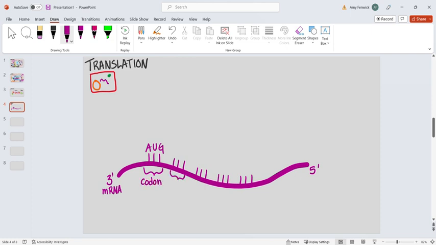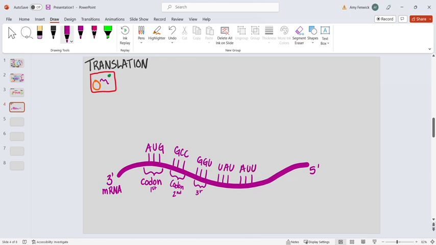So that means this is a codon. It's the second one. This is a codon. It's the third one. And so on and so on. And filling these in from our mRNA transcript that we made, we can see that we have 5 codons here.